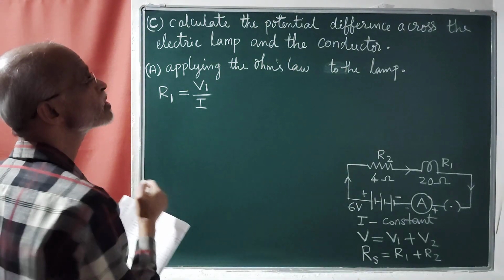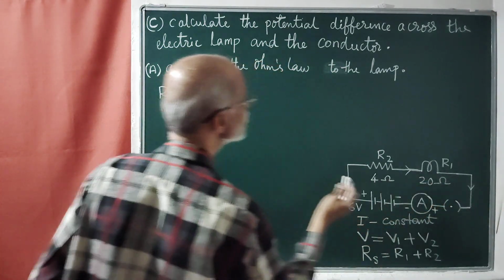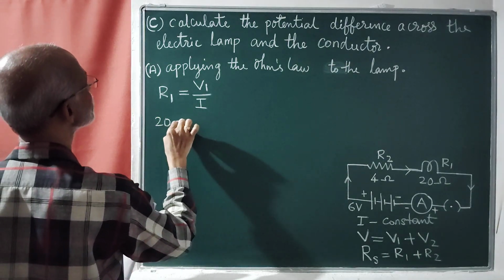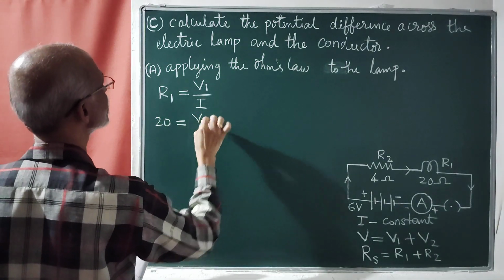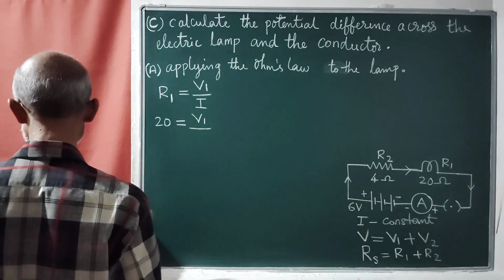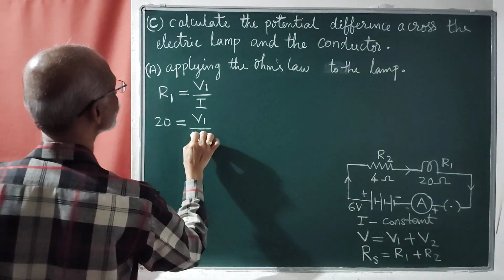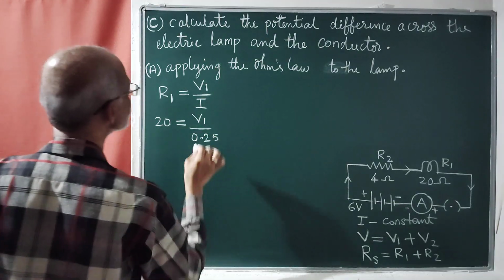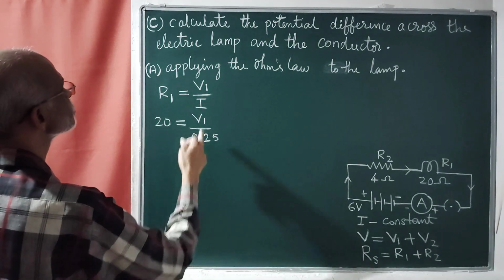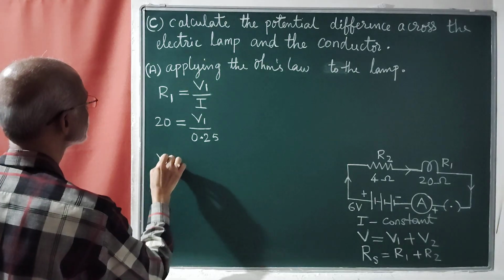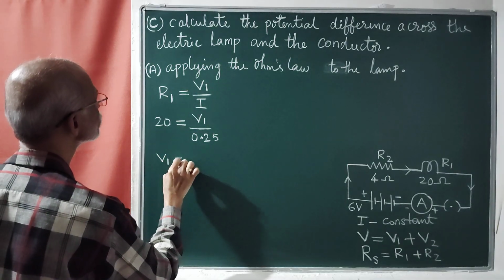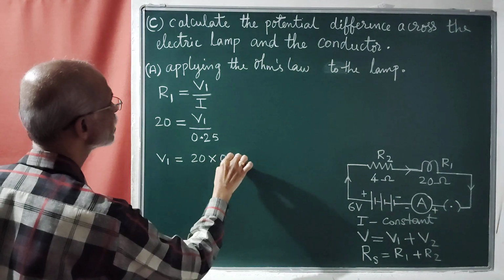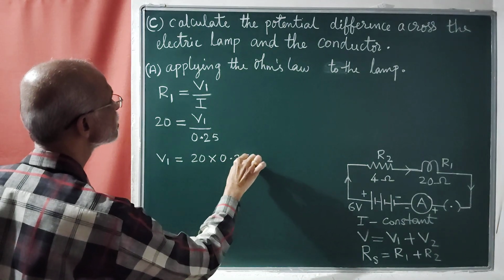R1 is 20, and I we already calculated, that is 0.25. Cross multiply, V1 is equal to 20 into 0.25.